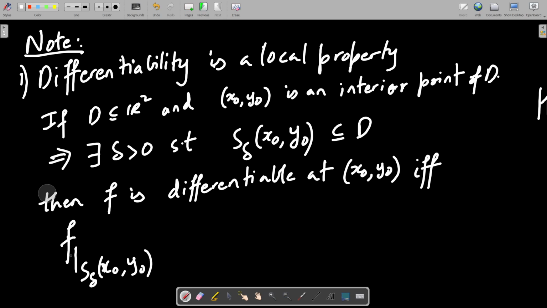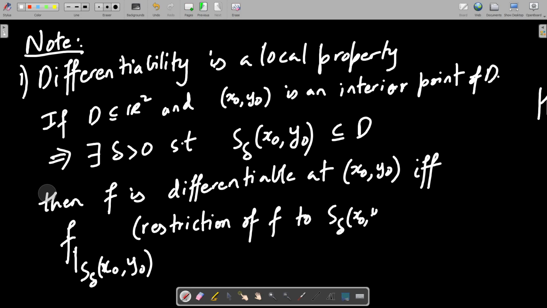What do you mean by restriction of the function f? The function f is defined on a big domain. We just consider the function on the smaller domain. That's called restriction: the restriction of f to S delta (x0, y0), a subset of D.